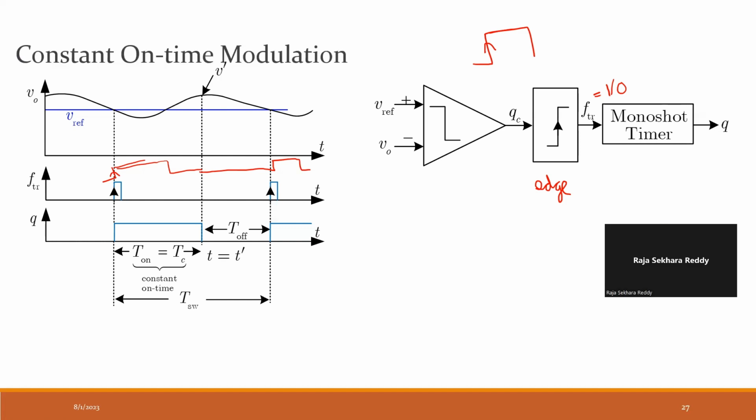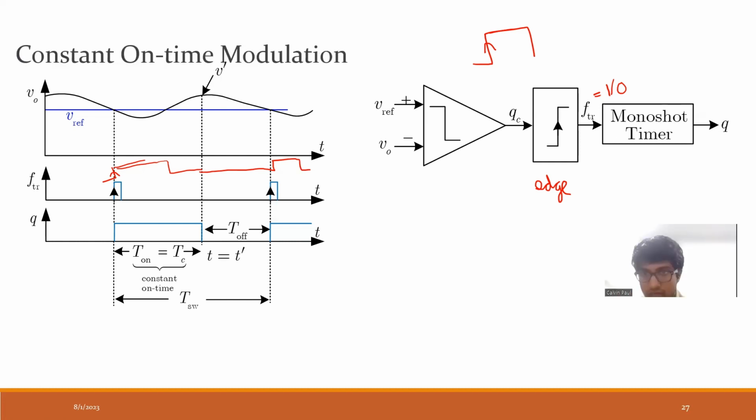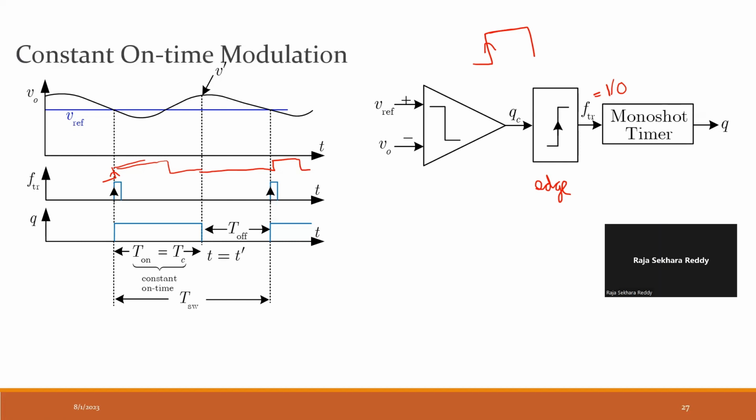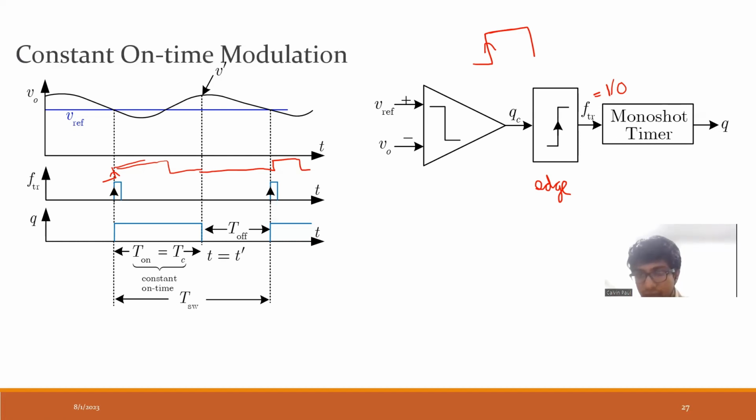So after the moment at which it sees the rise, the Q will be on for some time. The QC goes high. At the instant of QC going high, F trigger goes high. At that instant, the monoshot timer gets triggered, and it will remain on for a fixed duration depending on what you have programmed into it.